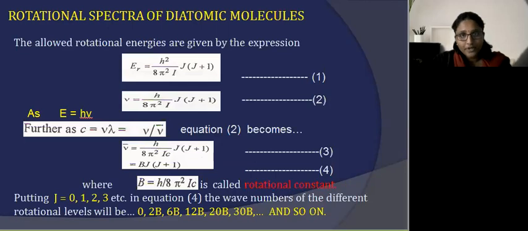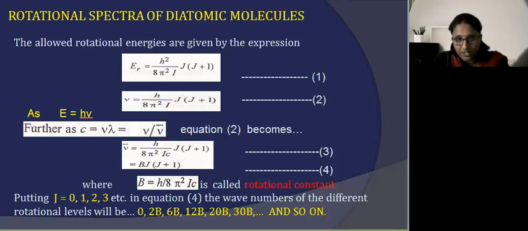Now we are going to derive the rotational spectra of diatomic molecules. The allowed rotational energies are given by the Schrodinger wave equation, that is ER, the rotational energy, is equal to h square divided by 8 pi square I into J into (J plus 1).